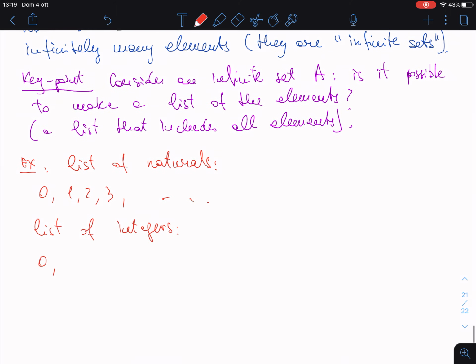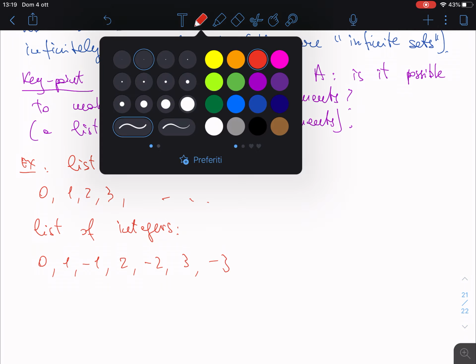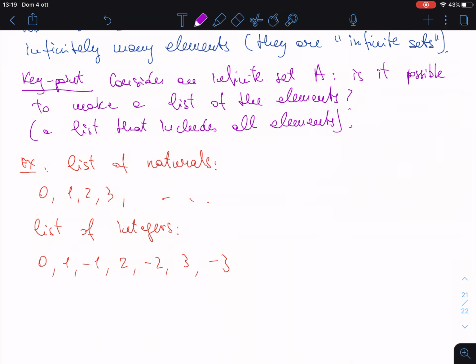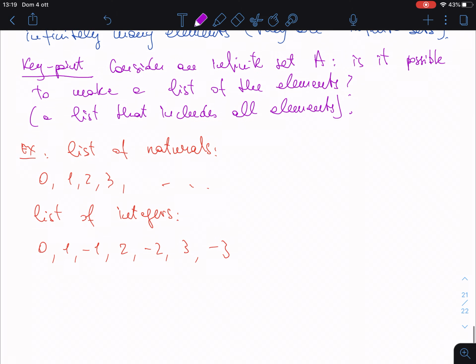So 0, 1, minus 1, 2, minus 2, 3, minus 3, and so on. You can list them, and again, listing them means exhibit a one-to-one correspondence with the naturals. For instance, here 0 corresponds to the 0. It is at the first place in our list. Then 1 with 1, minus 1 with 2, 2 with 3, and so on and so on.